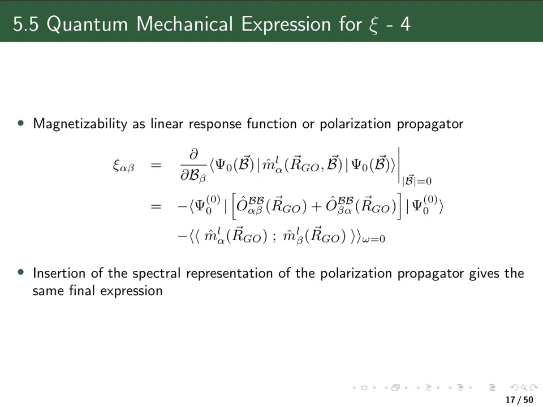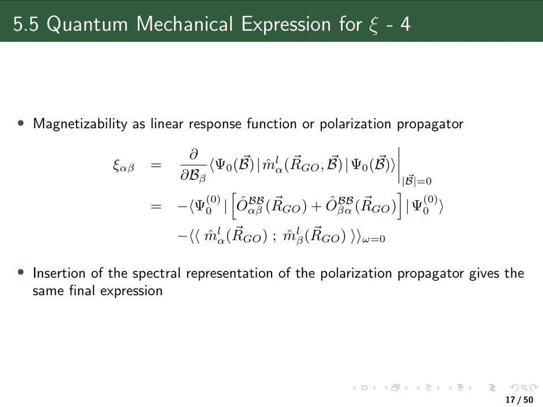The second approach is using response theory. In response theory we have an expansion of such a field-dependent expectation value. The first term is the field-independent one, which of course disappears if we take the derivative with respect to field strength, and the next one is a term which includes the linear response function of the two operators: the one whose expectation value we calculate, and the one which represents the interaction with the perturbation.